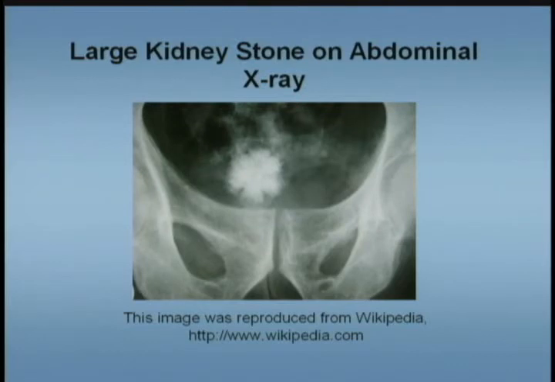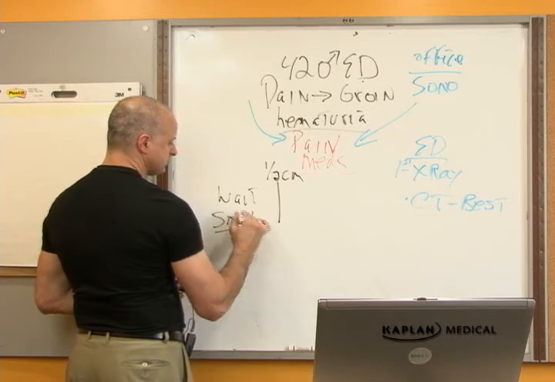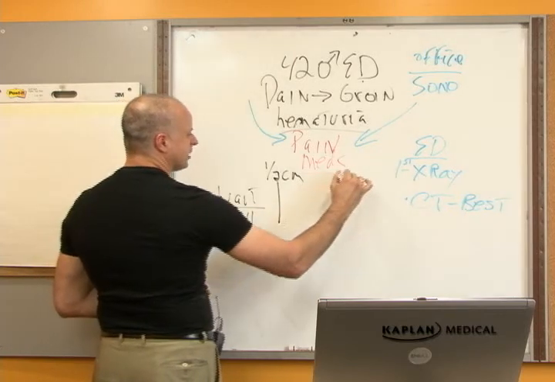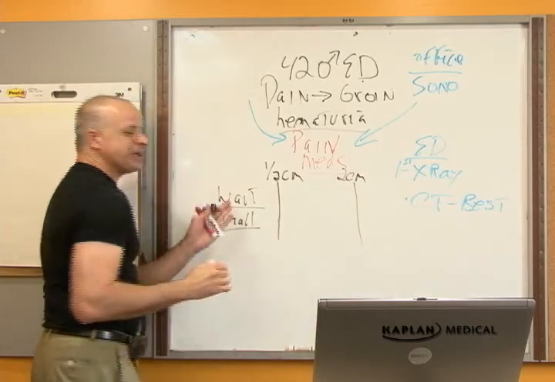Now, let's see. This is an x-ray of a big, huge stone. Look at that big honker stone. Well, here's the thing about stones. If they're very small, in other words, under 1/2 centimeter, you can wait. Now, when they become larger, between 1/2 centimeter and 2 centimeters, it's too big to wait.